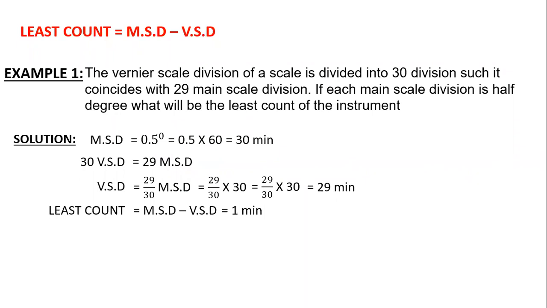Yeah, Vansh. Sir, in the second question, there was 0.1 centimeter, and in the vernier scale there were 10 divisions. So I did 0.1 by 10 centimeter. Yes, but that is not possible all the time.